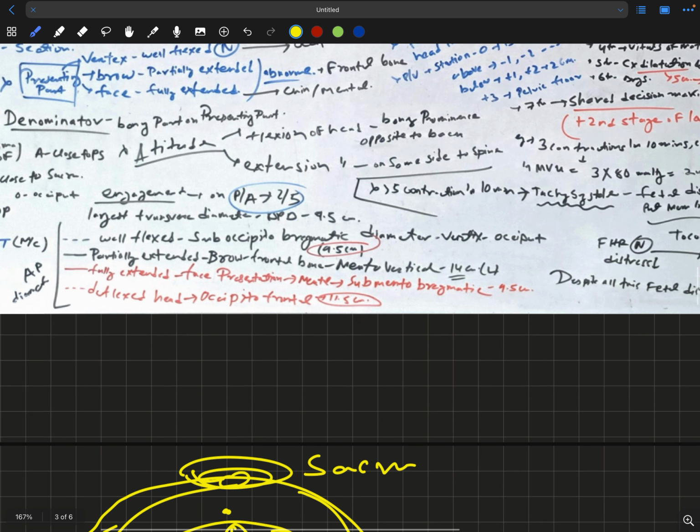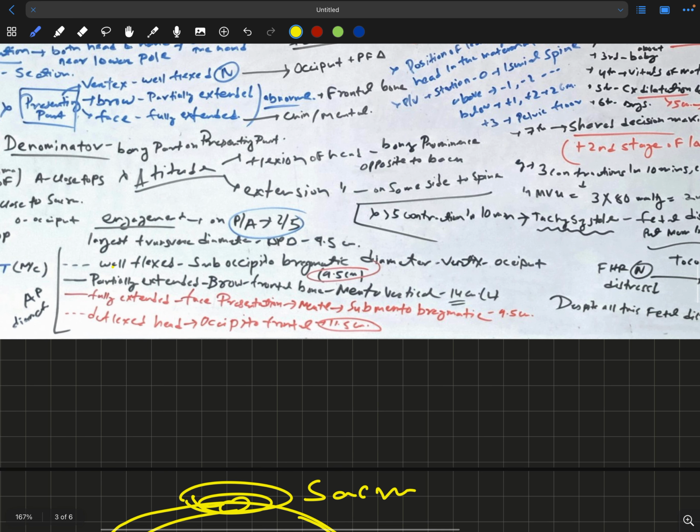So the things are written here. For the well flexed head, the suboccipitobregmatic diameter is 9.5 cm, vertex is the presenting part, occiput is the denominator.